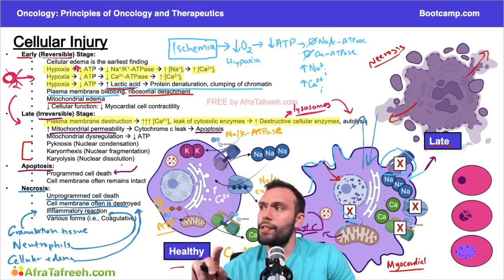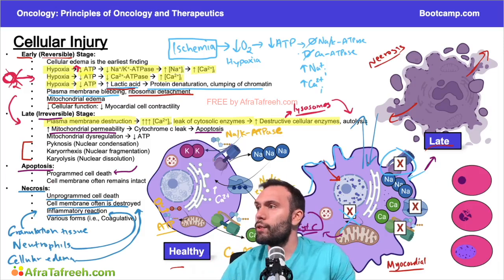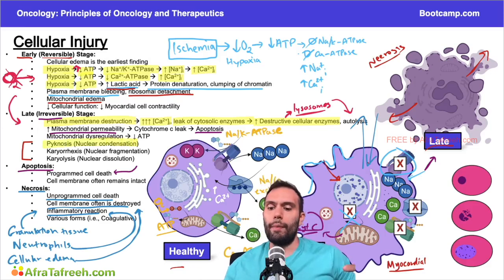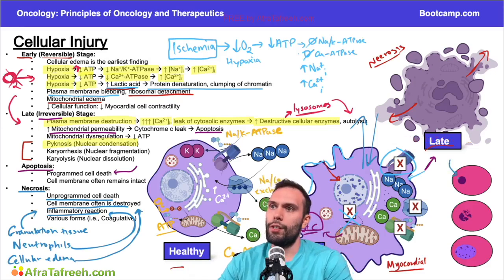But again, going back to these findings here at the nucleus, so the first thing we'll generally see in this late irreversible stage is pyknosis. And this is essentially nuclear condensation. What that means is you're thinking about the nucleus coming together and essentially shrinking. And so that's kind of what you see here. You can see the nucleus getting smaller, so we're shrinking the size of the nucleus, and this is an example of nuclear pyknosis.